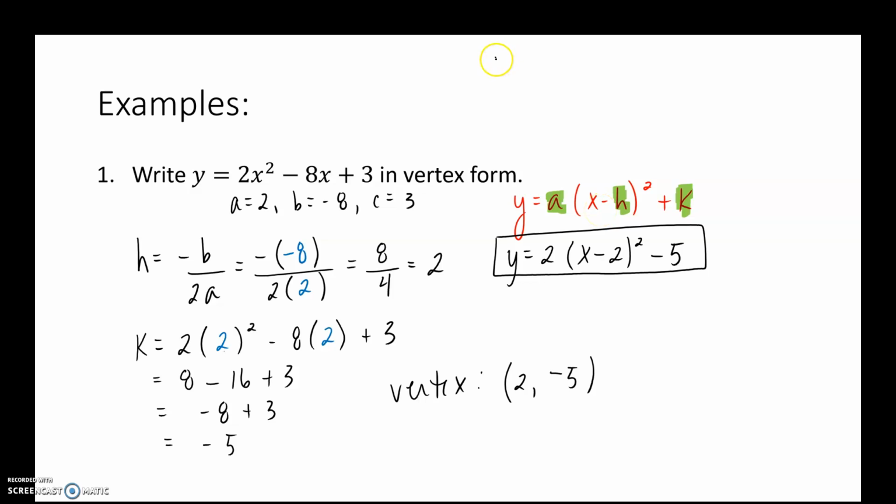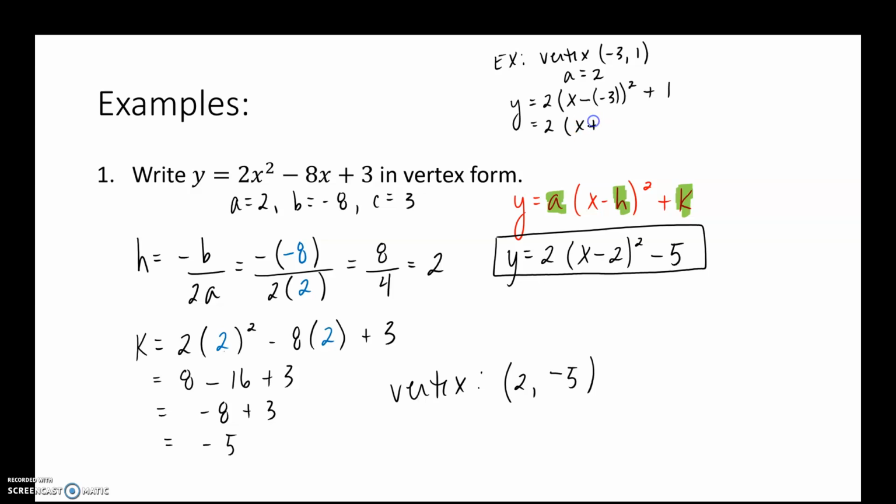Okay, so as a little side example, if you were told that the vertex of a quadratic was -3, 1, and I knew my a value was also 2, then my vertex form is a times (x minus my x-coordinate) plus my y-coordinate. Then what do those two negatives do?